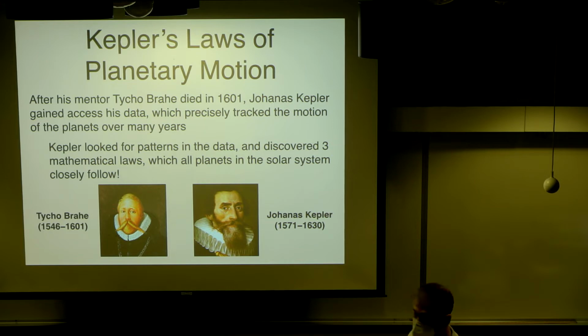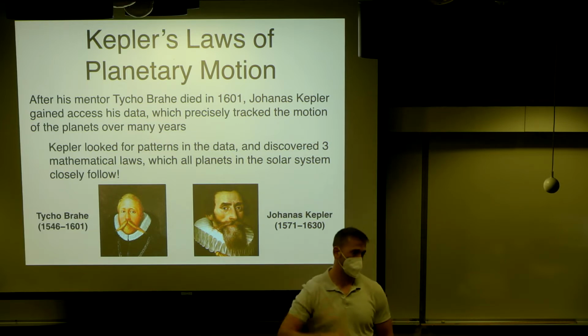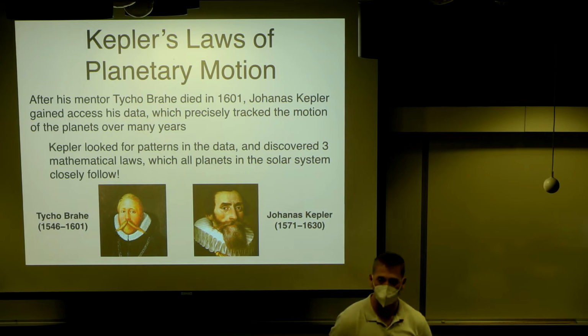Tycho had his own observatory where he made very precise measurements of the locations of different planets in the sky and how they move over time. And basically it was like the best data set for planetary motion that existed at the time. And after he died, that data was inherited by Kepler.